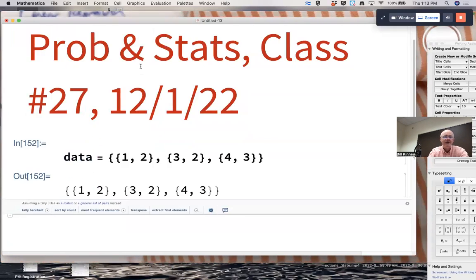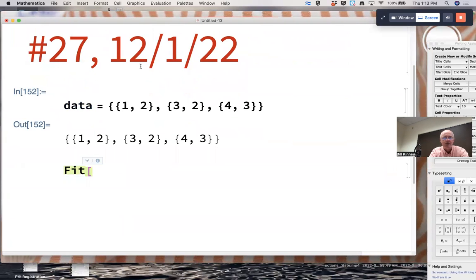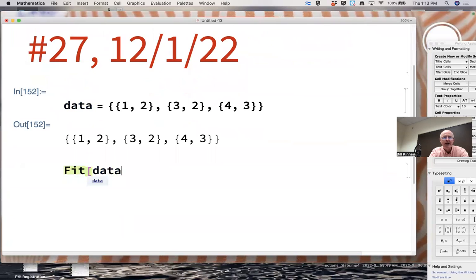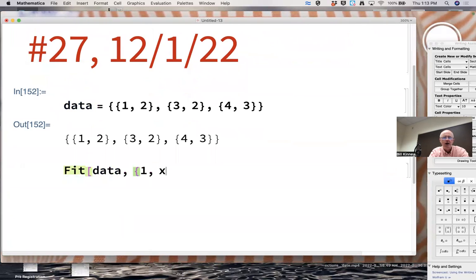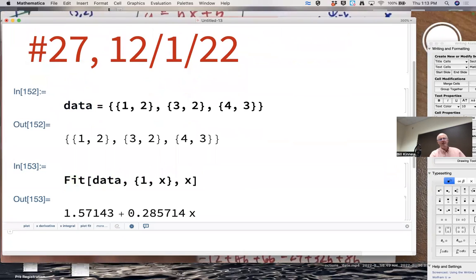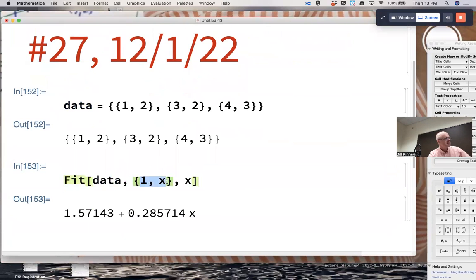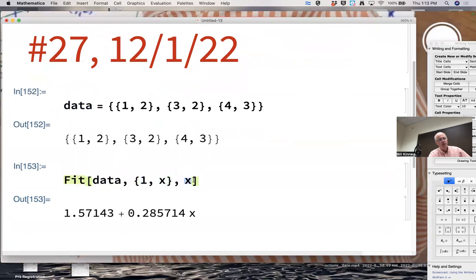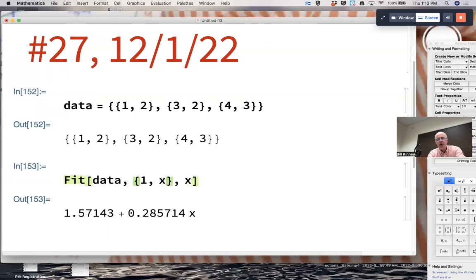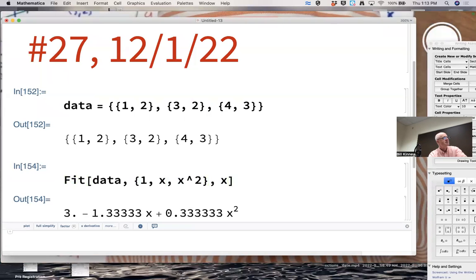And the command to get a linear regression line from this in Mathematica is Fit, capital F-I-T, data. Then you need to use that syntax. The 1 and the x specifies you're trying to fit with a linear function. And this is just reinforcing the variable. If I would try to fit with a quadratic, I could do this. There's the best fitting quadratic.